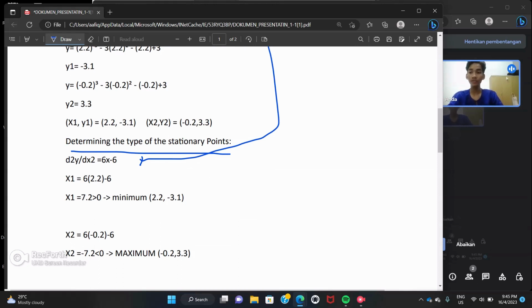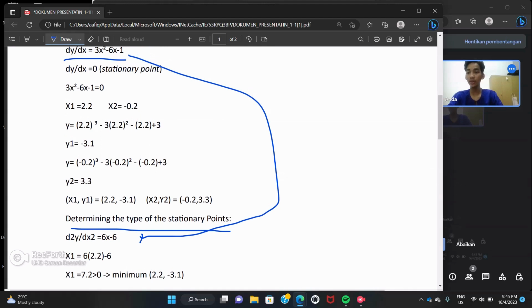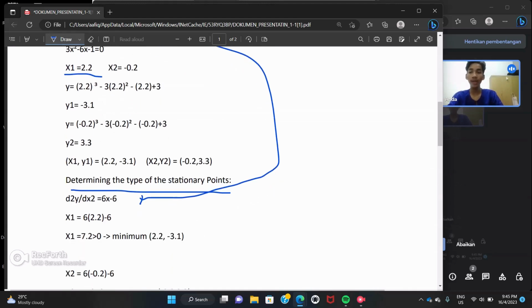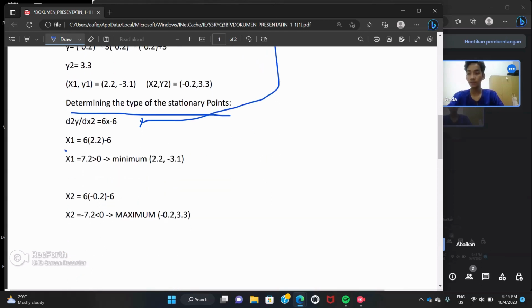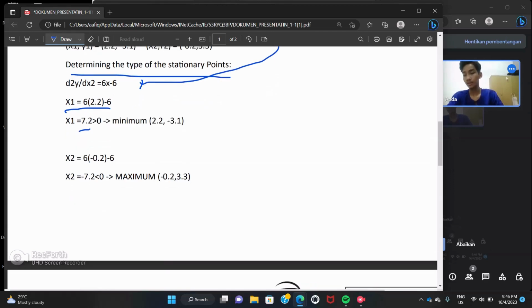For the second step, all you need to do is take x1, which is 2.2, and change the x to 2.2. You get 6 times 2.2 minus 6, put it in the calculator, and you will get 7.2, which is bigger than 0.